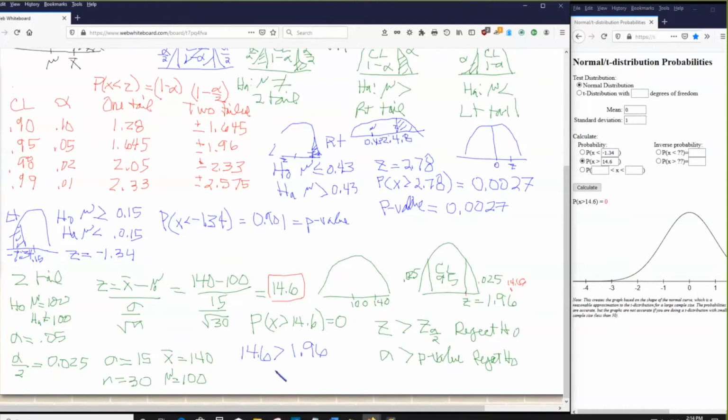And then we also had our alpha, 0.5, which is greater than our p-value of 0. So both of these would tell us to reject the null hypothesis, which tells us that it's unlikely that the mean is going to be 100.